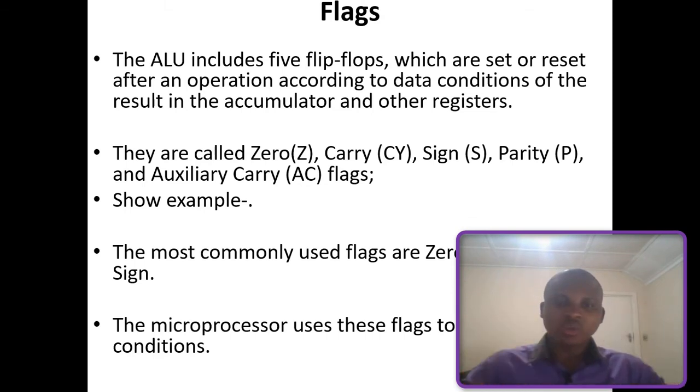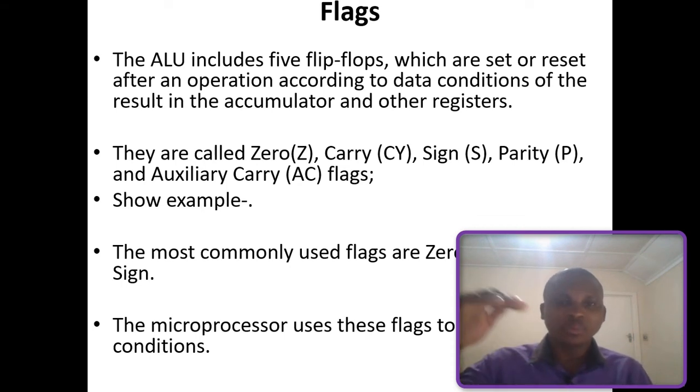The result in the accumulator is not the exact value, because we have some values that we discarded, which could not be contained in the accumulator. So the carry flag will be set to 1 because we have a carry. If there is no carry, it will be 0.